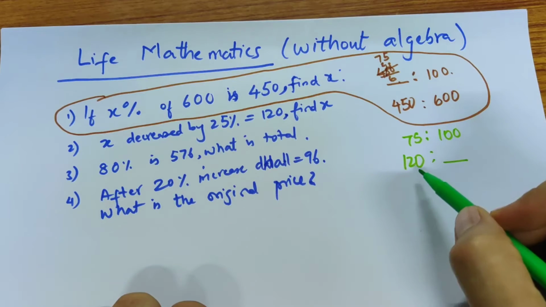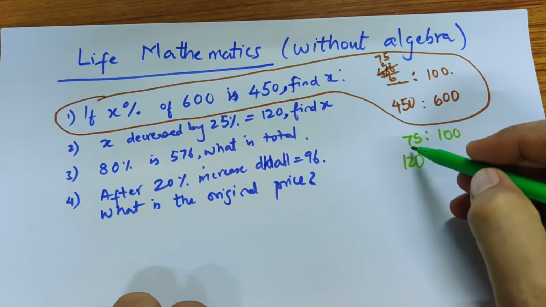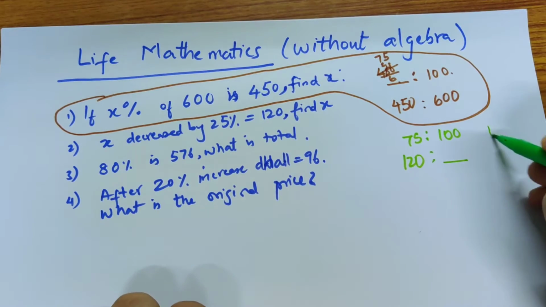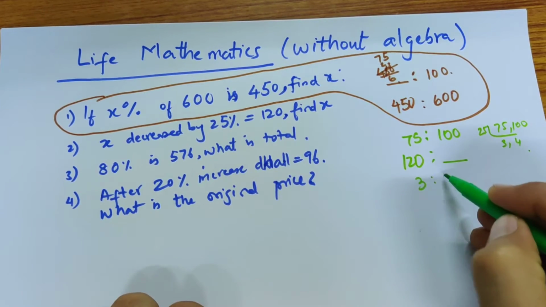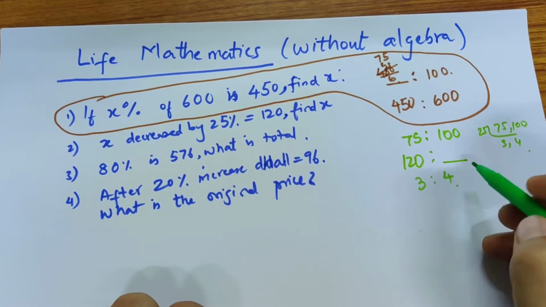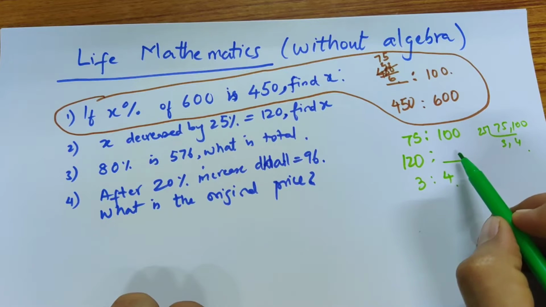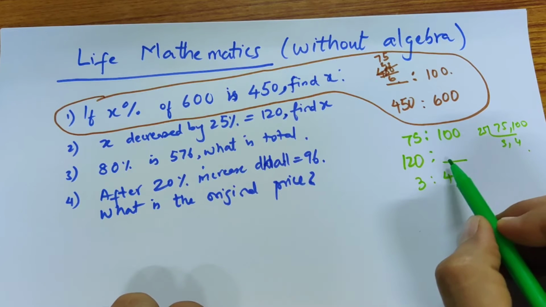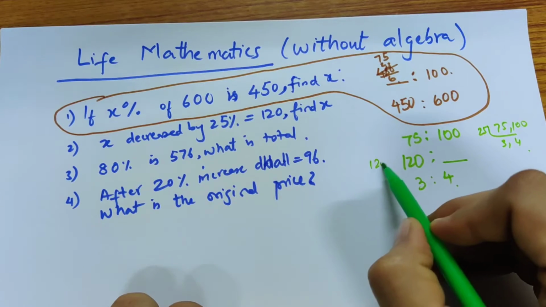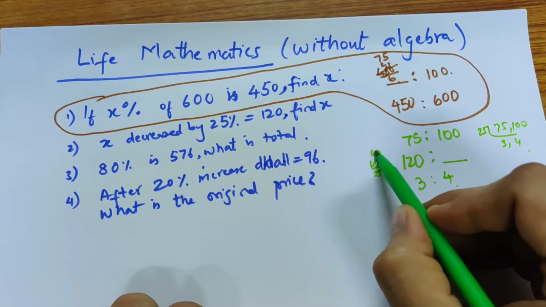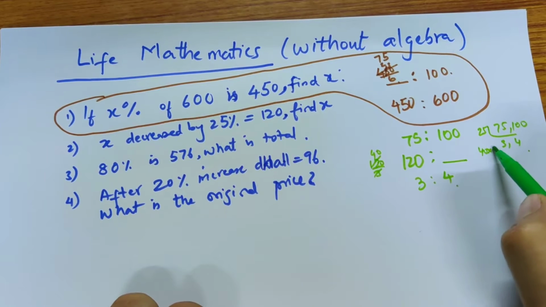Now 75 and 120 don't go very neatly, so you can write 75 and 100, but of course you know this is 25 tables, 3 times, 4 times. So this is 3 is to 4. If this is 3 is to 4, then 120 is to what? Now this we know how to do, right? You have to divide 120 by 3. This gives you 40, and then here you have to multiply 40 by 4.